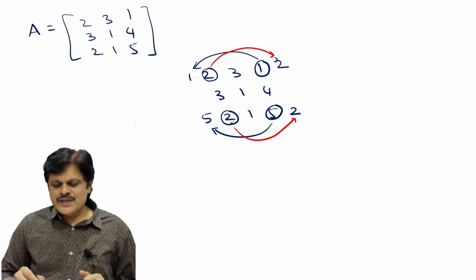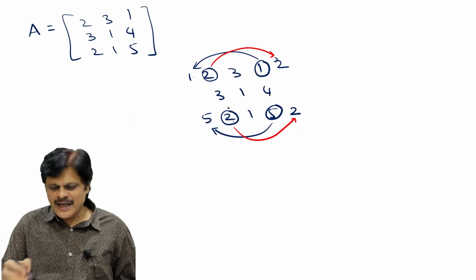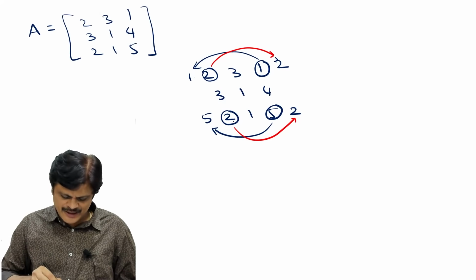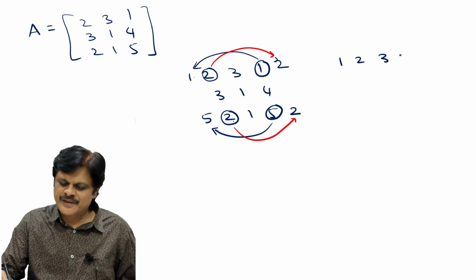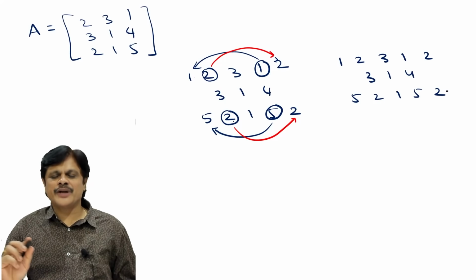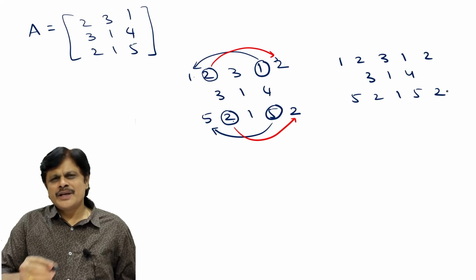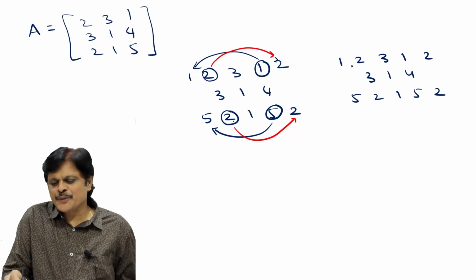Once you understand, you don't have to put the circles and round arrows; you can simply write down what is required, without arrows, so that there is no confusion: 1 2 3 1 4 5 2 1 5 2. Same story as earlier: diagonal-wise you multiply.